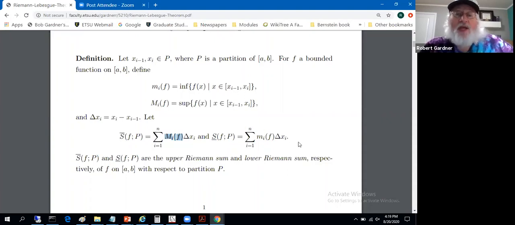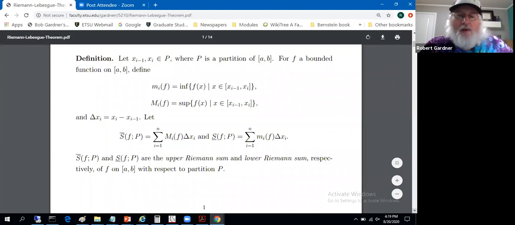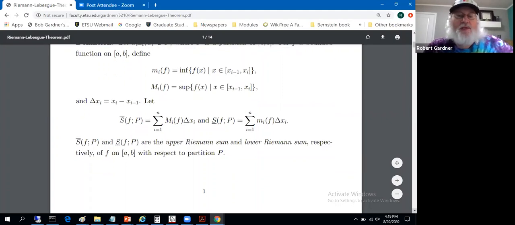These are both unambiguous. You give me the partition and the function, and the rest of this is determined. Upper and lower Riemann sums defined as given here are totally unambiguous. All I need is a partition and a function. We, of course, will somehow or other take limits and turn those Riemann sums into Riemann integrals.